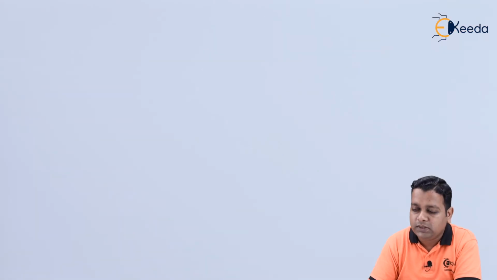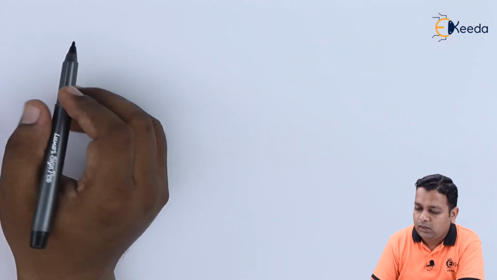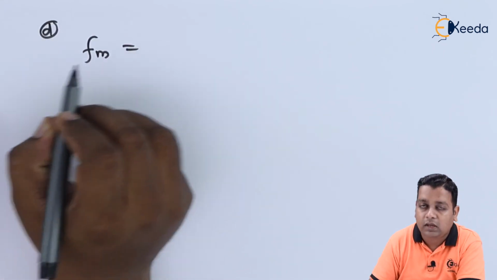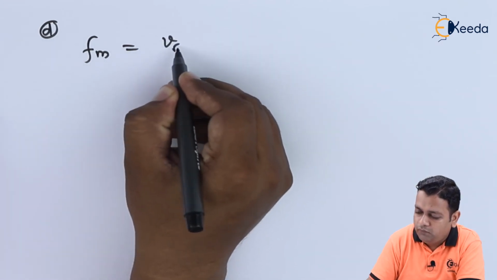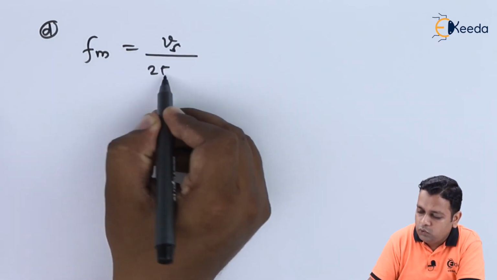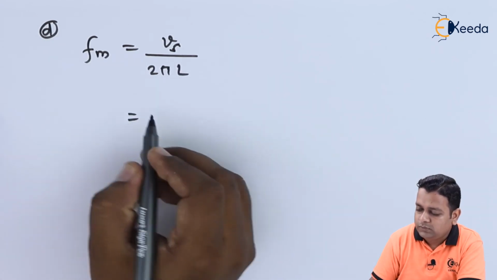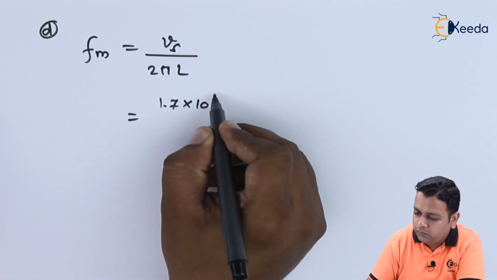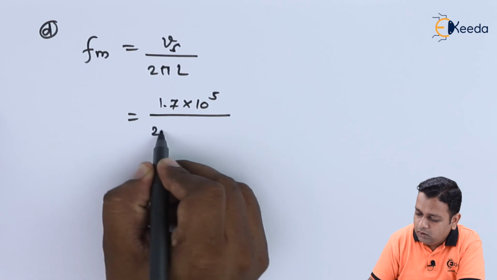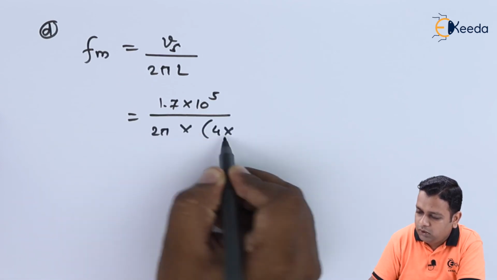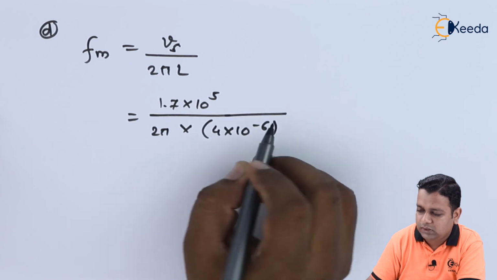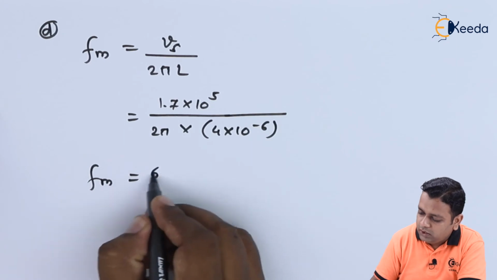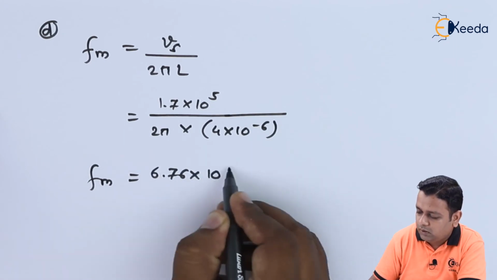The frequency at the maximum value can be represented for part D by Fm, and it can be obtained by the ratio of Vs to 2 pi capital L. So the substitution in the next step gives us 1.7 into 10 raised to power 5 divided by 2 pi in multiplication to 4 into 10 raised to power minus 6 here. So this results in the maximum operating frequency being 6.76 into 10 raised to power 9.